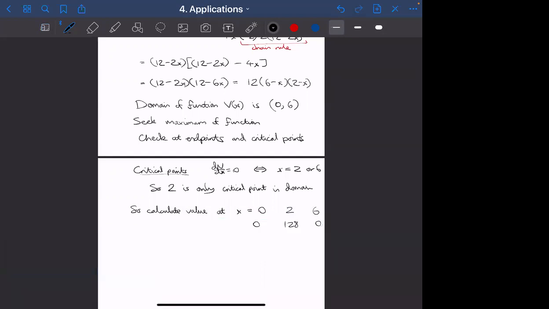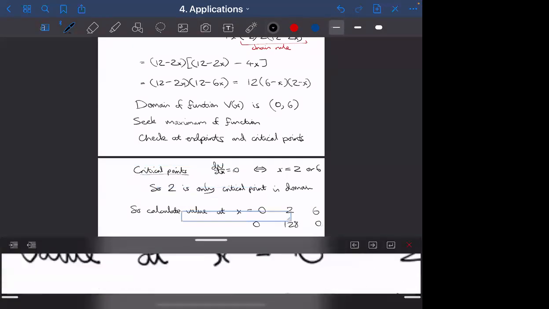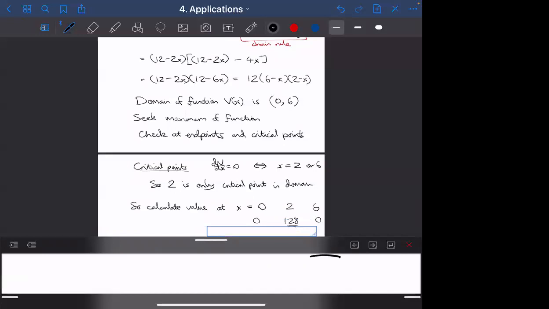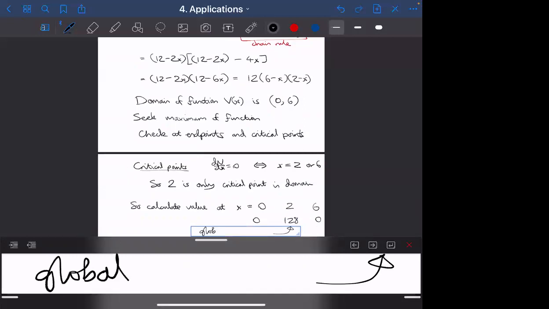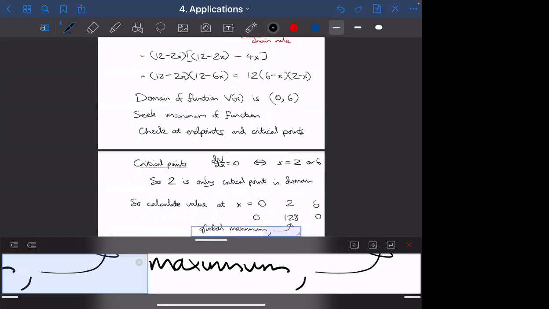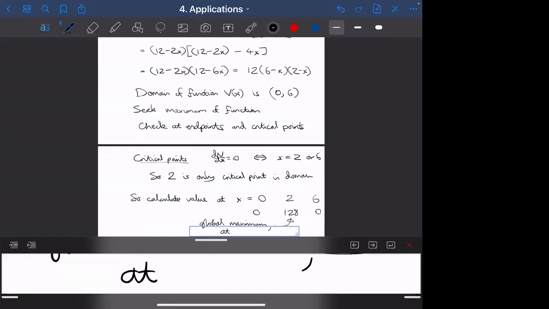So this 128 is the global maximum. And that happens at x equals 2.